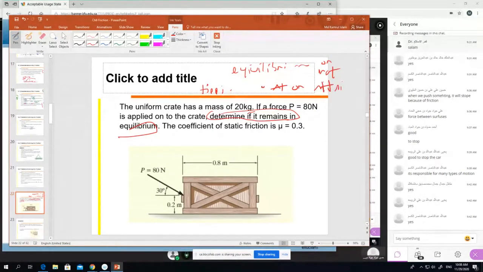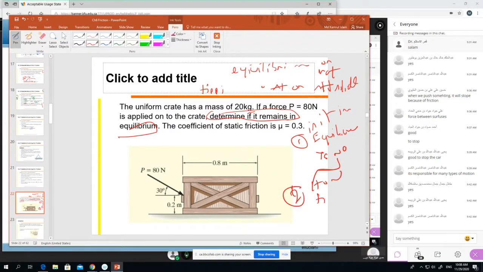But in the exam, maybe we will ask: number one, whether it is in equilibrium, yes or no. If your answer is no, then the next question will ask how it will happen: will it tip down or slide? That we have to answer.